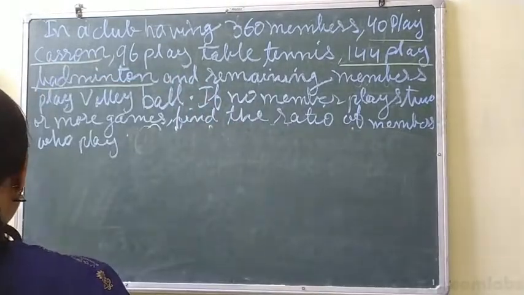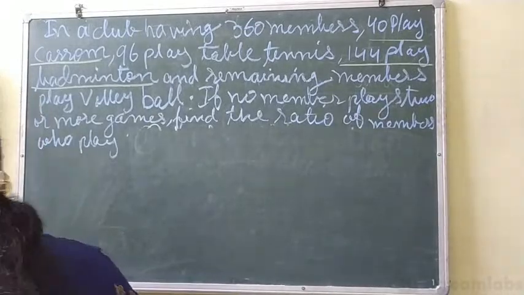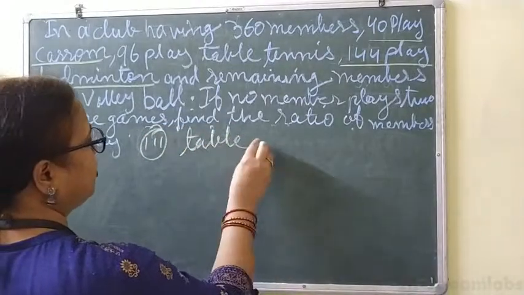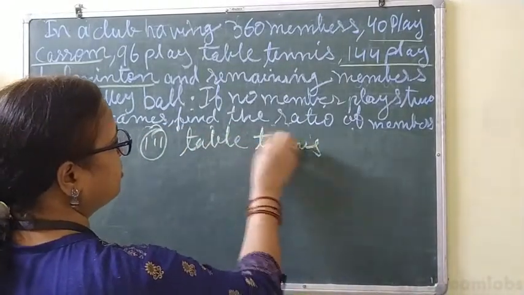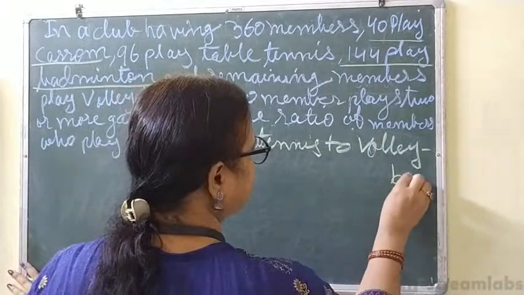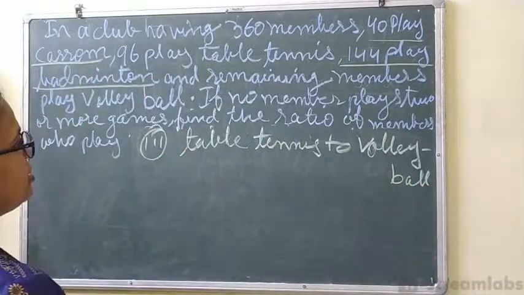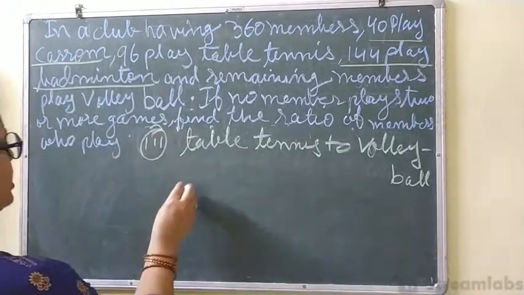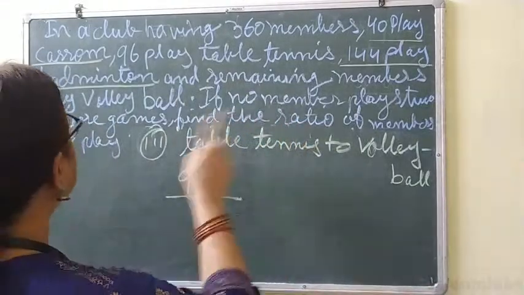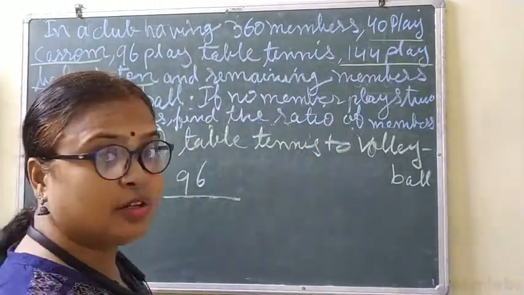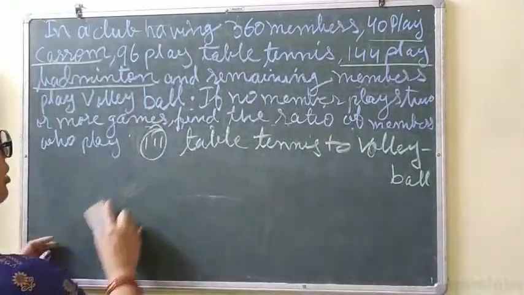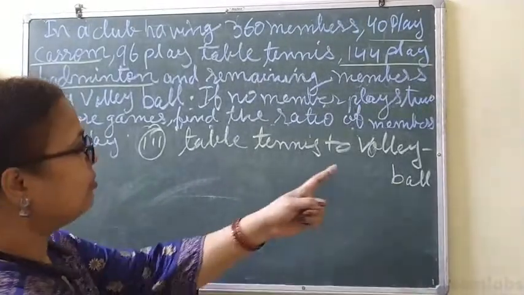That is table tennis to volleyball. Clear? Table tennis to volleyball. And remaining members play volleyball. Okay, so we have to find out the volleyball. It is not given clearly. So what we will do here? For that we will find out the number of players who play volleyball.